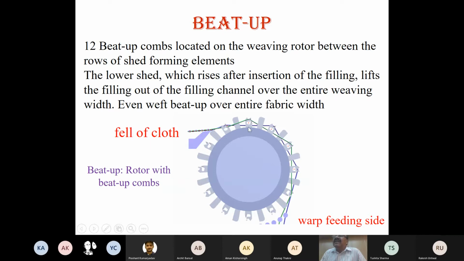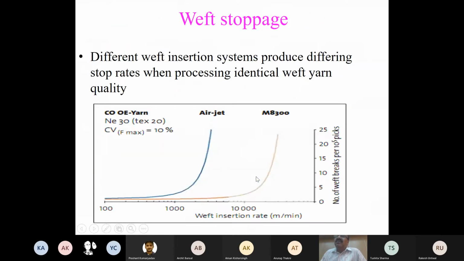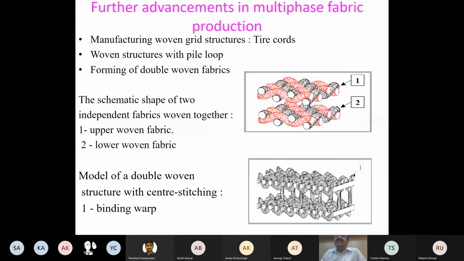Then only can you insert a broken pick to remove the defect in the fabric. This is another biggest drawback of this technology, which you will find in the limitations points.